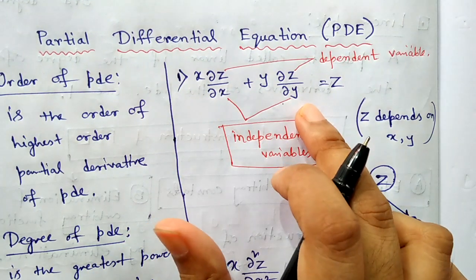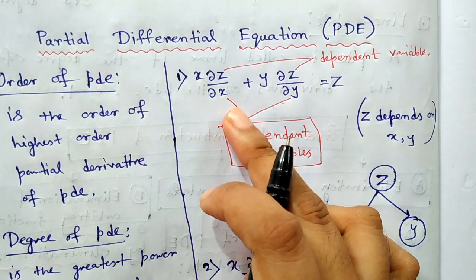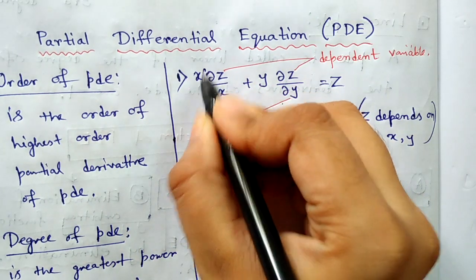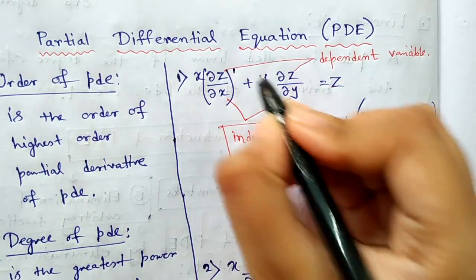Again see the examples. In the first example, the highest order partial derivative is any one of these, and the power is 1.